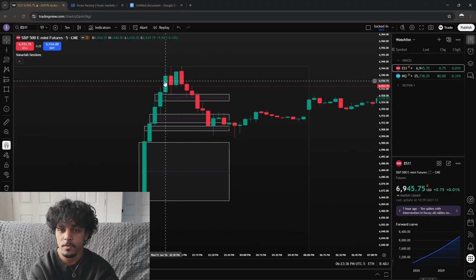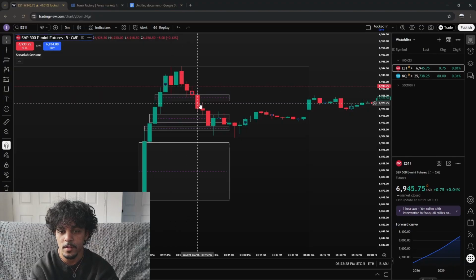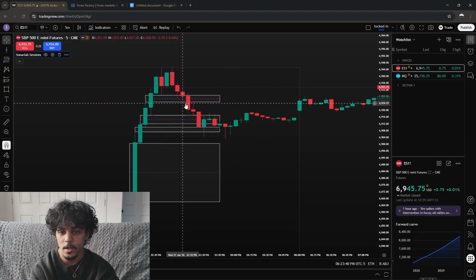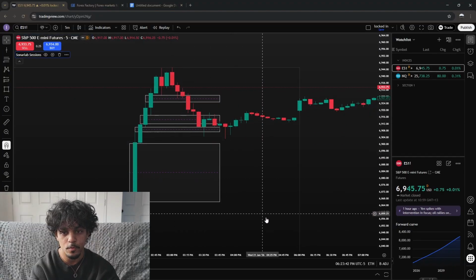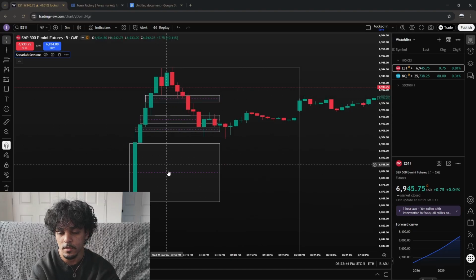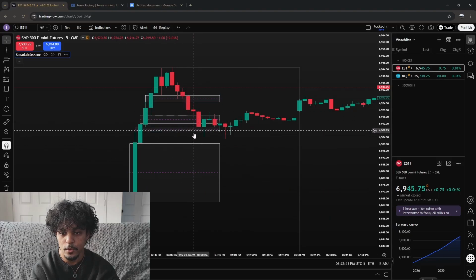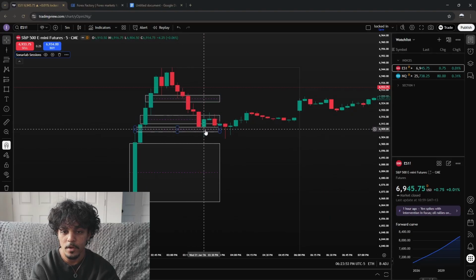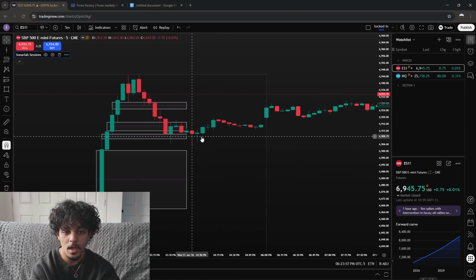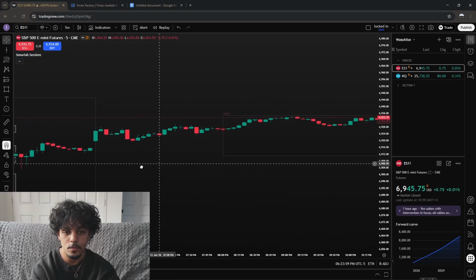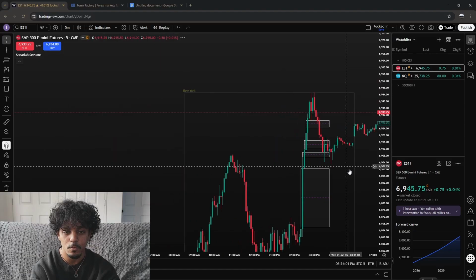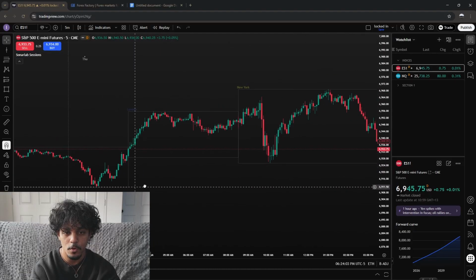Price creates the fair value gaps, invalidates this one, and we cannot confirm that price is going to continue to move down yet because of the other fair value gaps. We come in, we invalidate this one, we still cannot confirm because we have these two. Price comes in, respects this fair value gap, and then continues to sort of go up.